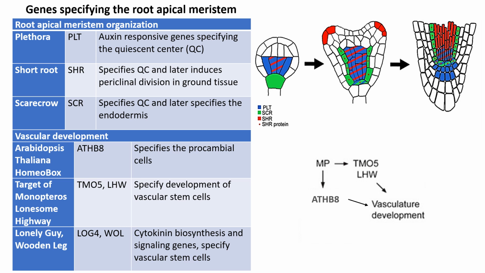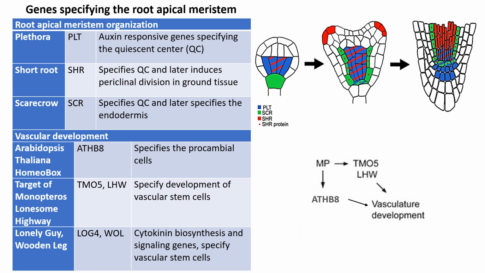The short root gene is also expressed in the globular region, but its expression is restricted to the procambial cells. The scarecrow gene in the globular embryo is seen to be expressed only in the hypophysis cell.